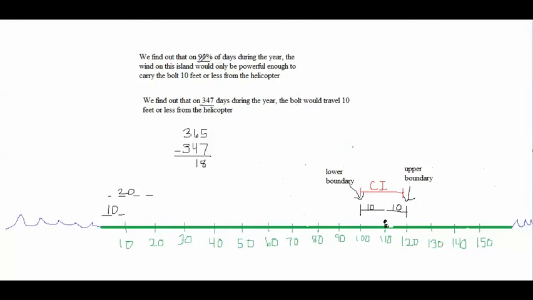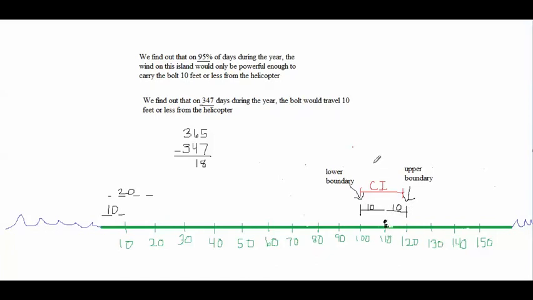So we know that there was a 95% probability that the bolt would travel 10 feet or less, which means we're now 95% confident that the bolt traveled 10 feet or less. And if we're 95% confident that the bolt traveled 10 feet or less, that therefore means that we're 95% confident that the helicopter's location was somewhere within 10 feet of where we found the bolt, right here at location 110.